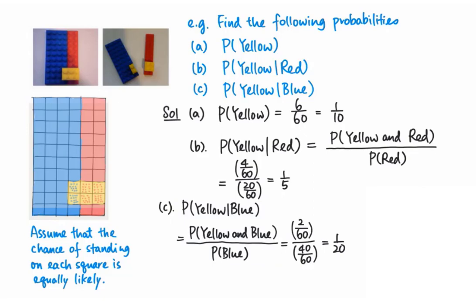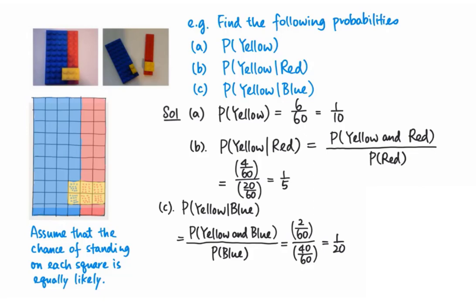So, the probability that the square we pick has both yellow and blue color on it is 2/60, because among all the 60 squares, 2 of them have both yellow and blue color on it. Whereas the probability of the square to have blue color on it is equal to 40/60, because among all the 60 squares, 40 of them have blue color on it.